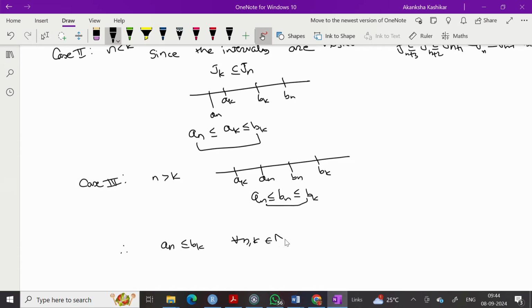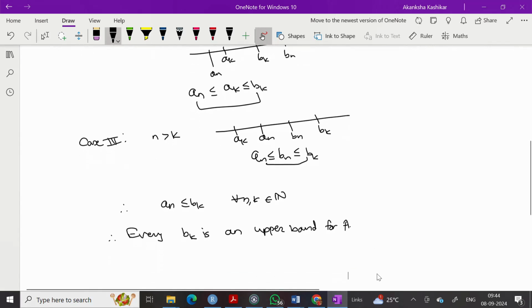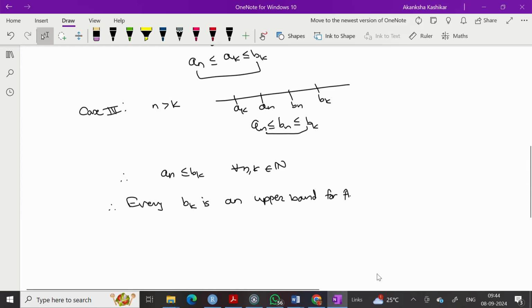Therefore, every b_k is an upper bound for set A. And of course set A is non-empty because we have all the left endpoints in there. Every b_k is an upper bound for A. So I have A as a non-empty subset of R and A is bounded above.